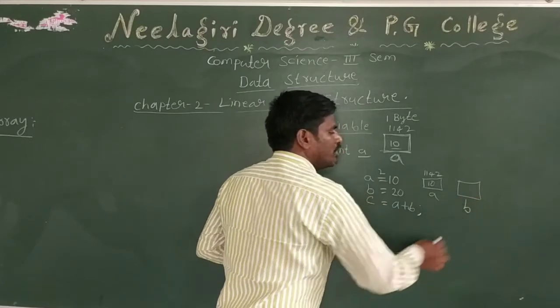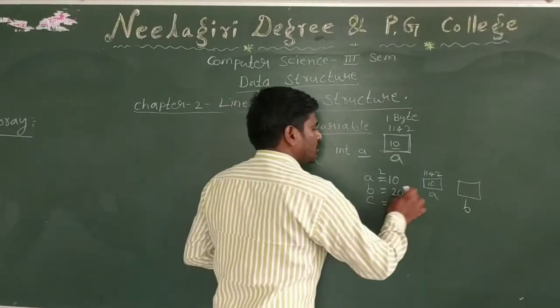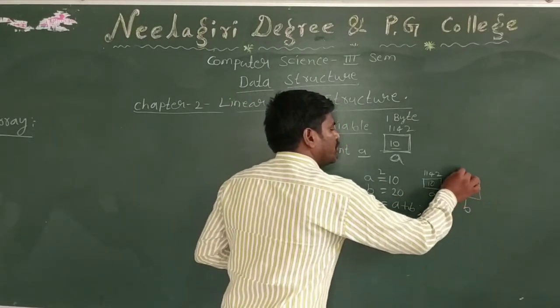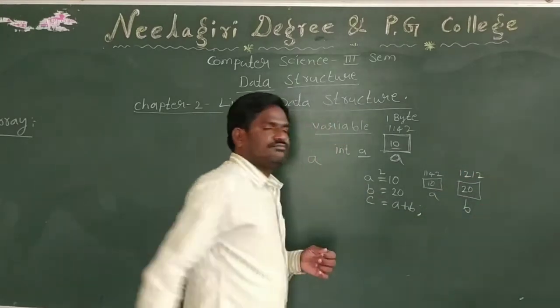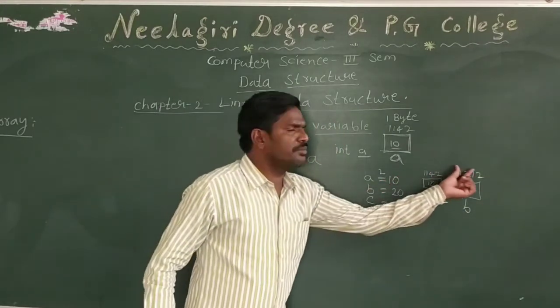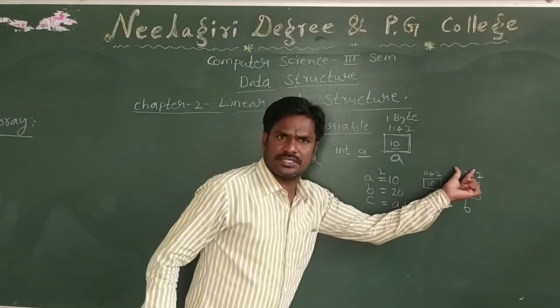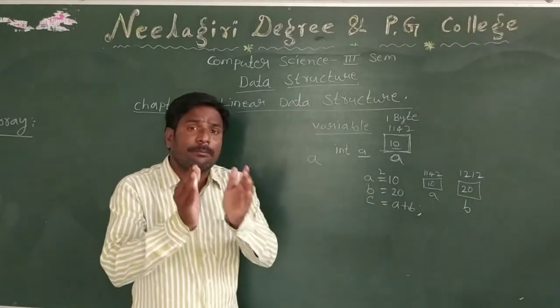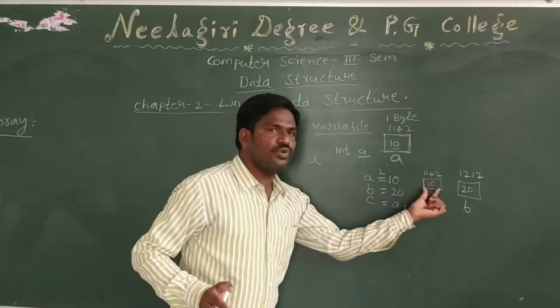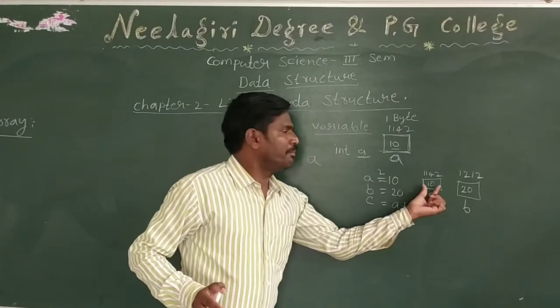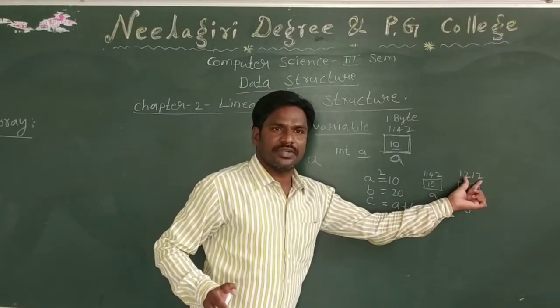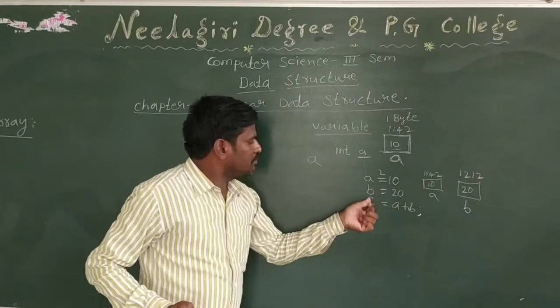Automatically another memory location is created and the value is stored. These addresses may be different, may not be sequential. The processor allocates the memory randomly, not sequentially, because these variables are different.